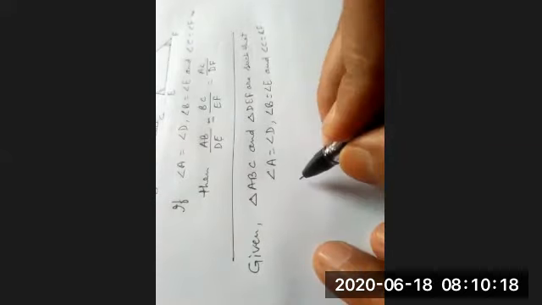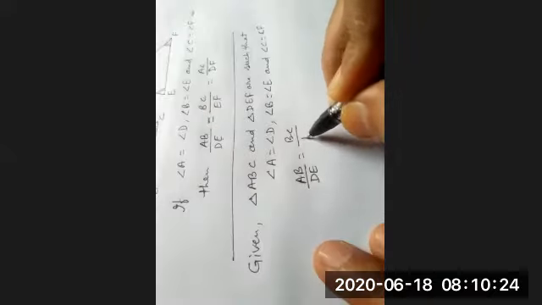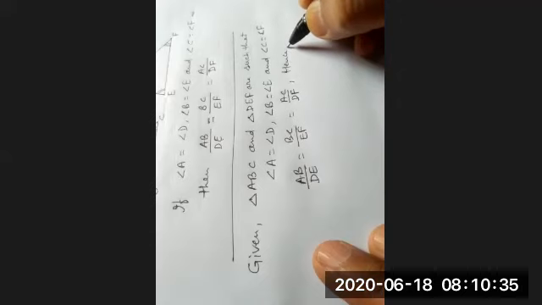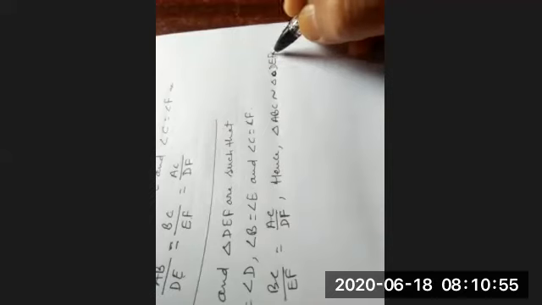We have to prove AB by DE is equal to BC by EF is equal to AC by DF. And one more thing, if this happens, you can write hence triangle ABC is similar to triangle DEF. Understood? This is what we have to prove actually.